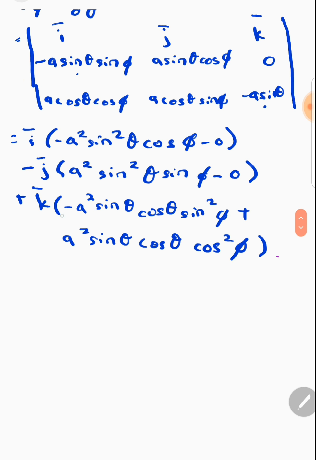You can see that this part here is exactly the same as this part. So I can also rewrite this k part here. I'm just going to circle it out.